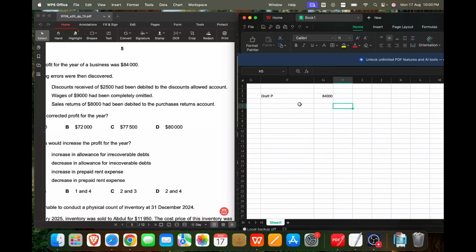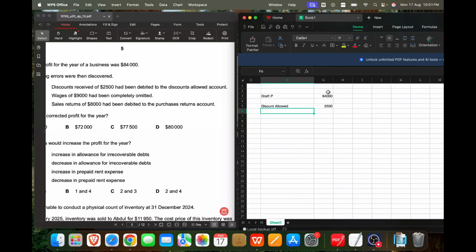Discount allowed profit will increase, and then this will be recorded in the discount received. We'll take it out from expense and put it into the income.